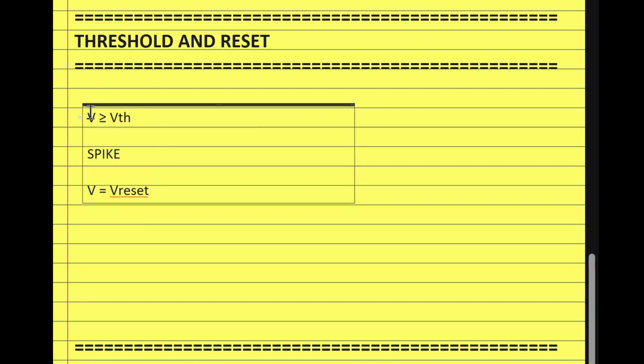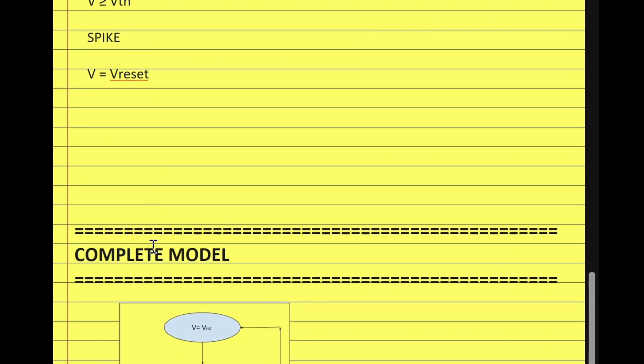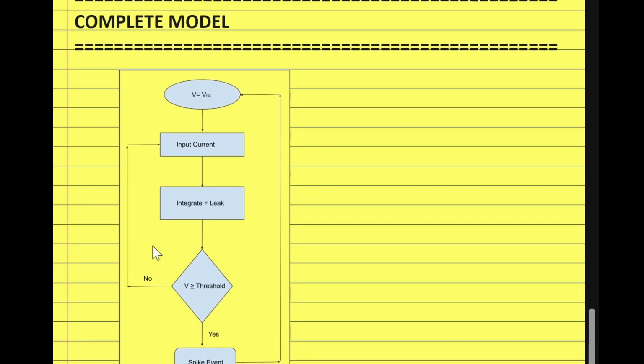When the membrane potential crosses V threshold, we have a spike, and V is reset. This was the complete model. We start from V reset, we have some input, we accumulate the input, we have some leak factor, we check whether the membrane potential crossed the threshold or not. If yes, a spike event happens and we start over, or if not, we go back to accumulating.